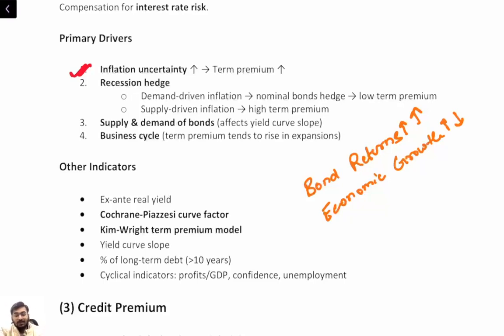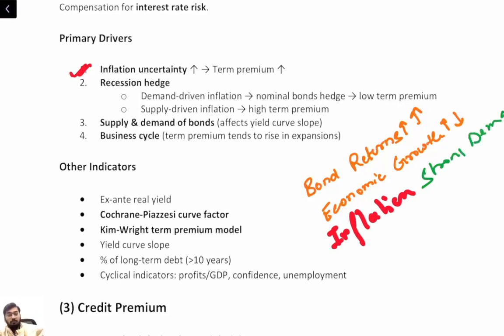Clear? So now let us understand the first case, when inflation comes from strong demand. Inflation comes from strong demand, means your economy is good, growth is high, inflation is rising. Why? Because people are buying more and more. So what will happen in this case?